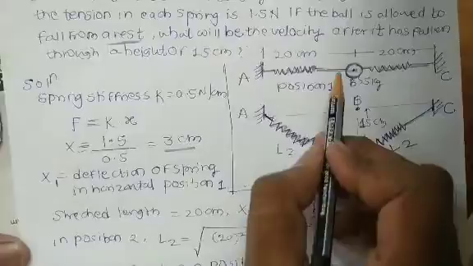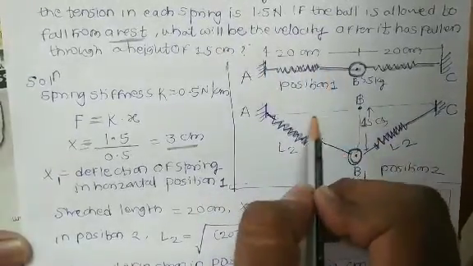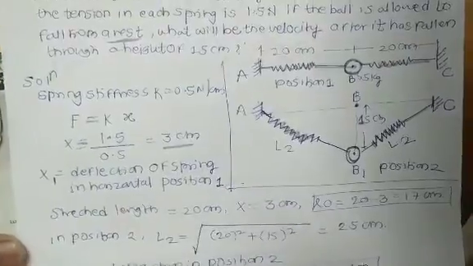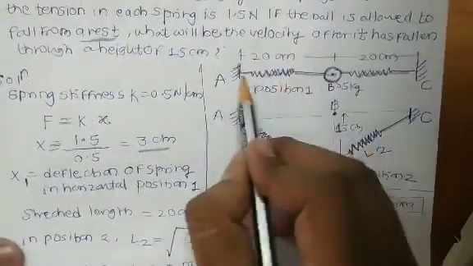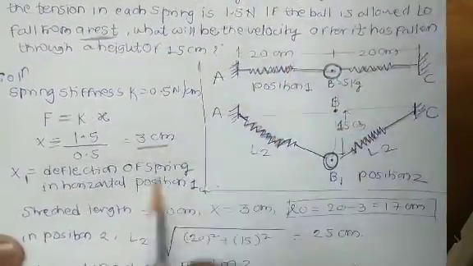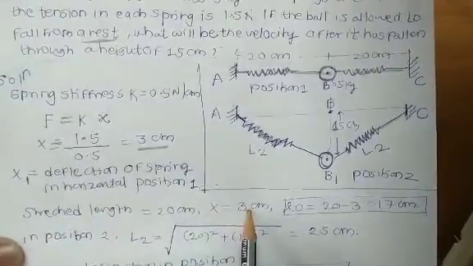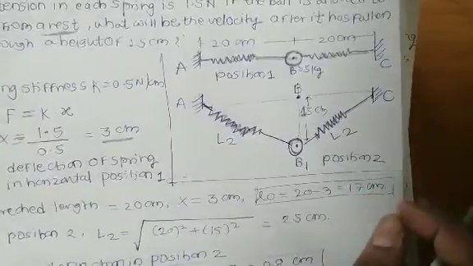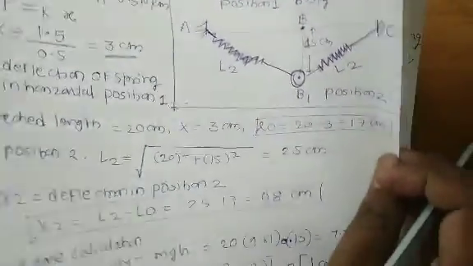That is X1 actually, the deflection in position 1. Now see, in position 1 the stretched length is 20 centimeter and the deflection we found is 3 centimeter. So the original length will be 20 minus 3, that is equal to 17 centimeter.